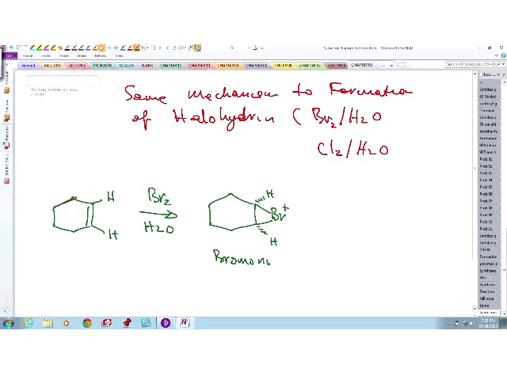From the bromonium ion first, and once you form the bromonium ion, then the water comes in.